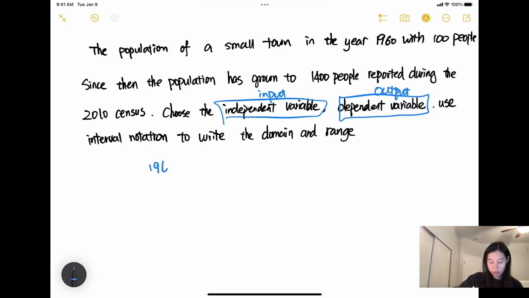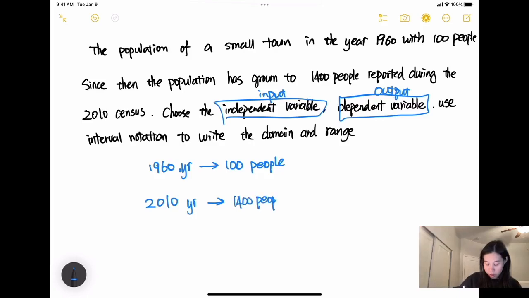You have 1960, the output is going to be 100 people. And then you put in 2010, and the output is 1,400 people. So the input should be the year, and the output would be the population.